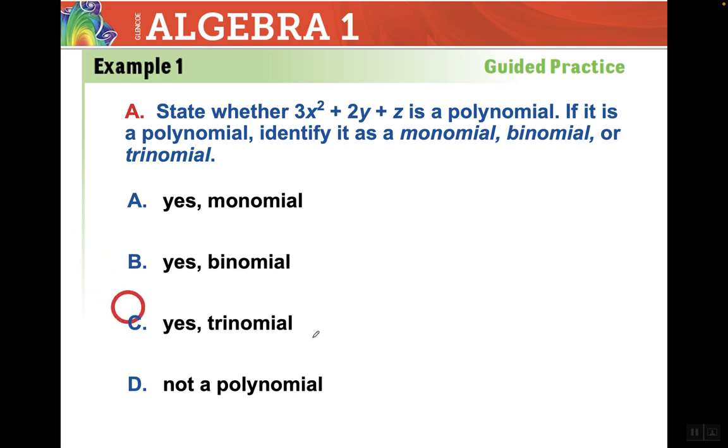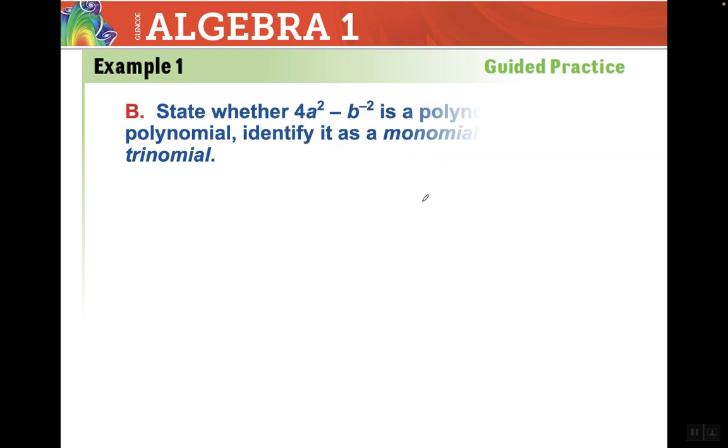It is a polynomial, and it's a trinomial because there's three terms here. We have this one, and this one. And if I asked for the degree, you would tell me 2, because this has a degree of 2, this has a degree of 1, and this has a degree of 1. And 2 is higher than 1, so we go with 2.